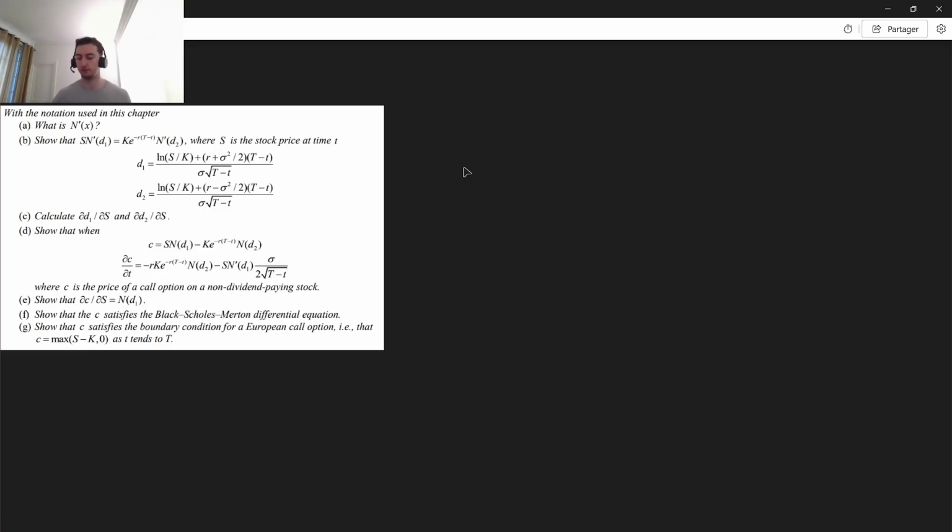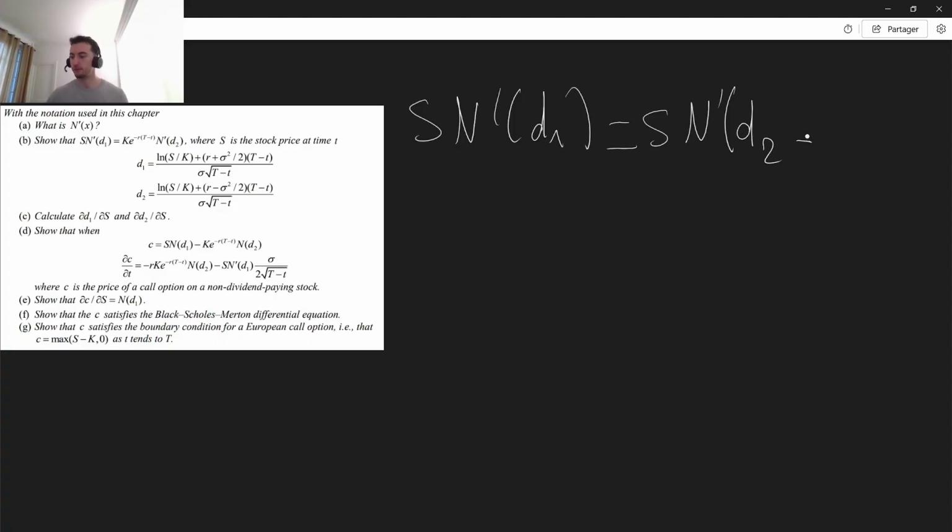Using the first question, we'll show that the stock price times n prime of d1 is equal to the discounted value of the strike times n prime of d2. So these are all equations that we will use later to solve one by one all the equations. Anyway, when we do this, we have s n prime of d2 minus sigma square root of T minus t.